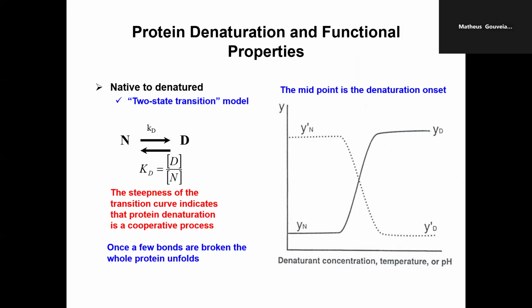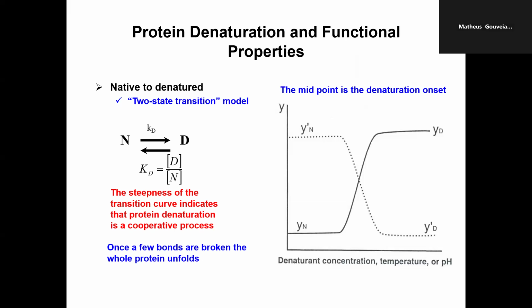And then the y-axis is what you're measuring. Sometimes you're measuring surface hydrophobicity, so it would increase. Sometimes you're measuring solubility, it would decrease. So the y-axis could be whatever you're measuring, an indicator of denaturation, or enzyme activity, for example.